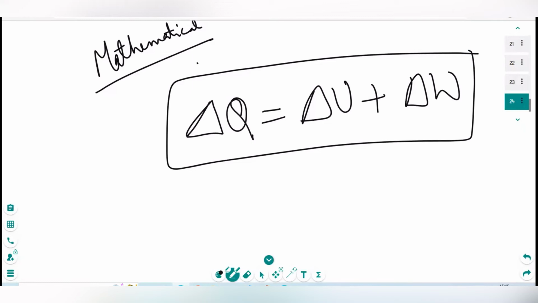The change in internal energy is triangle U, so the change in U equals Q minus W. It is the same equation, but rearranged.